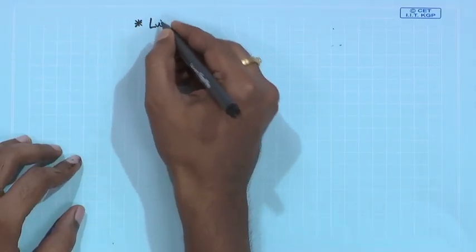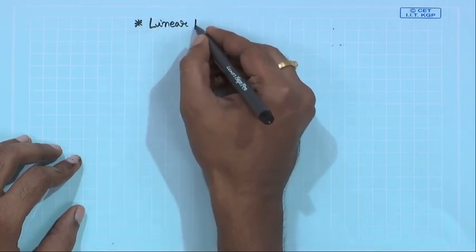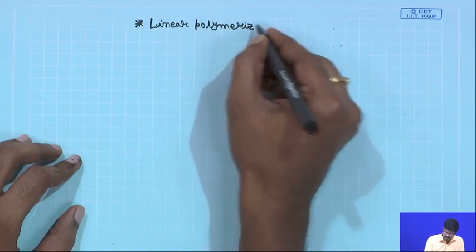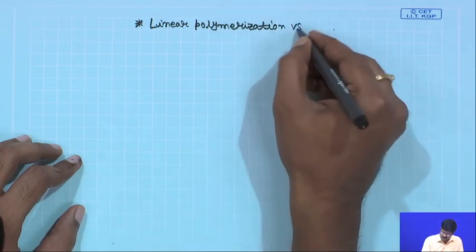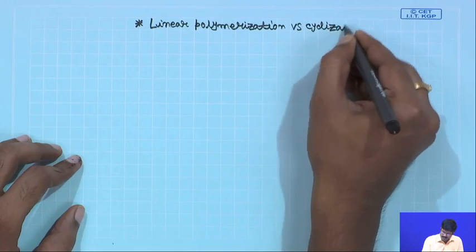So, the problem here is linear polymerization versus cyclisation.